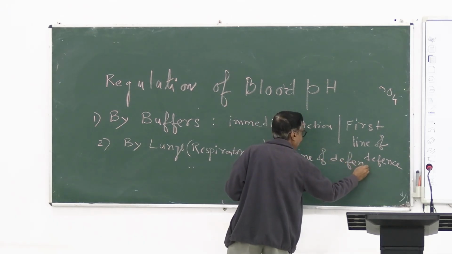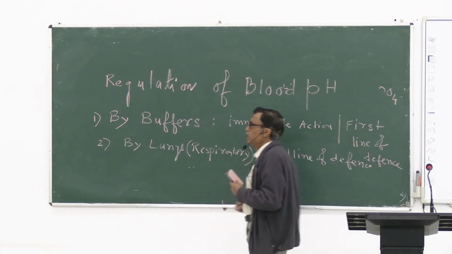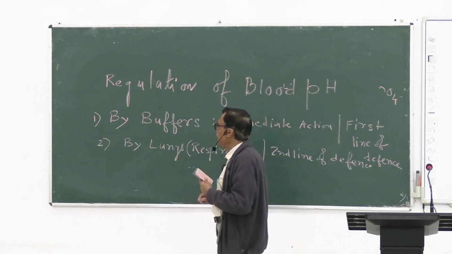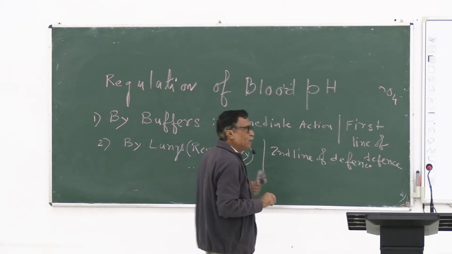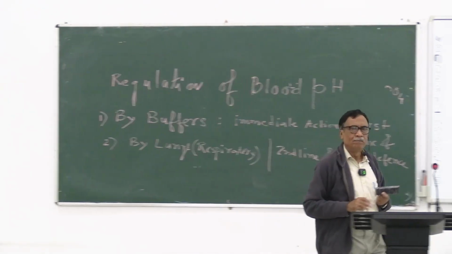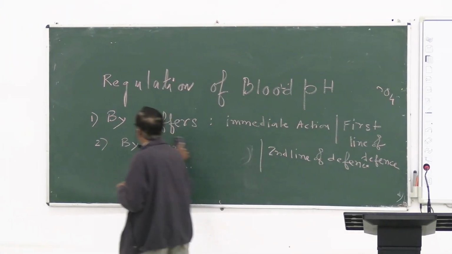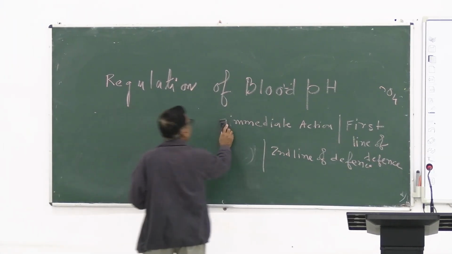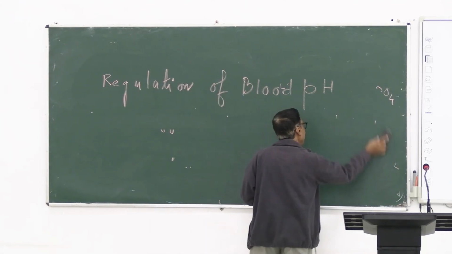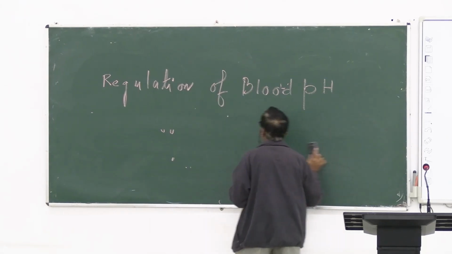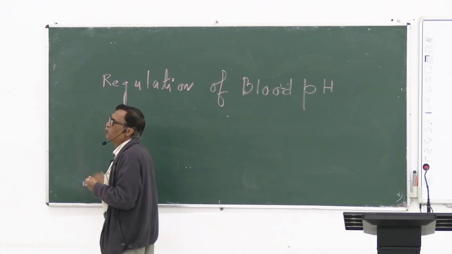How do lungs help to maintain pH? Regulation by buffers, respiratory regulation and regulation of the kidney, you have to mention and write.